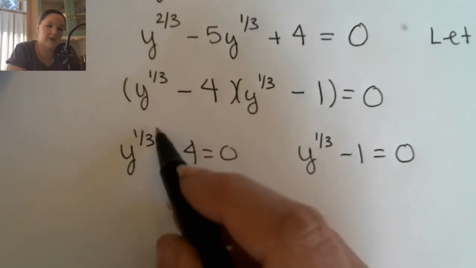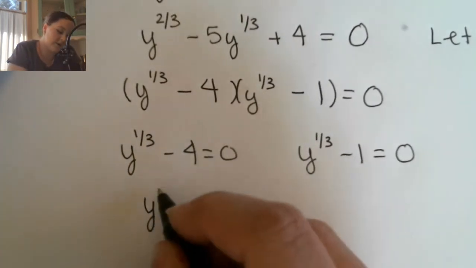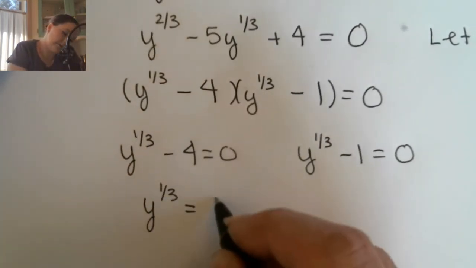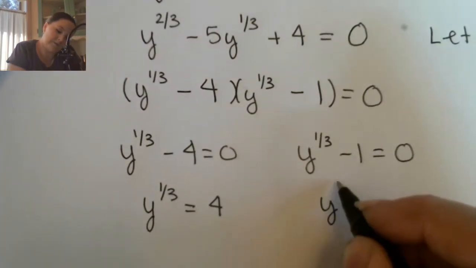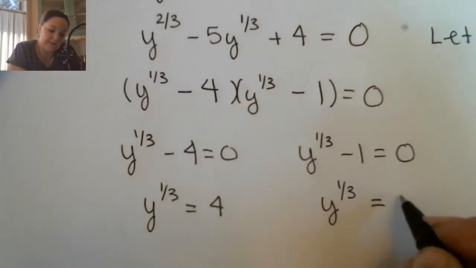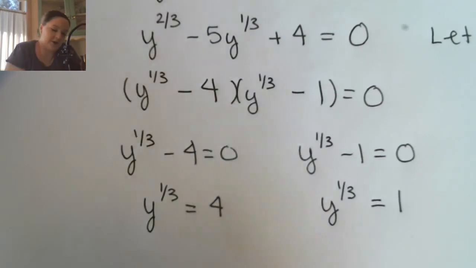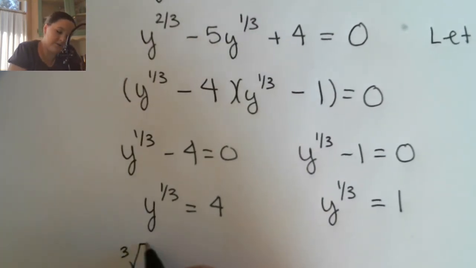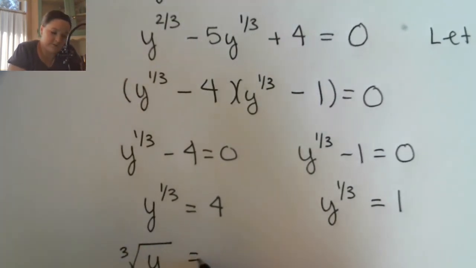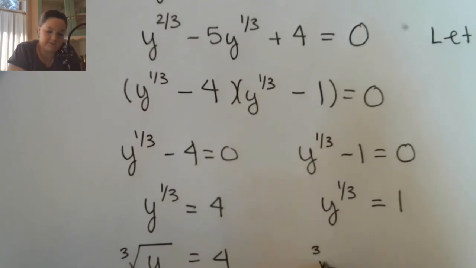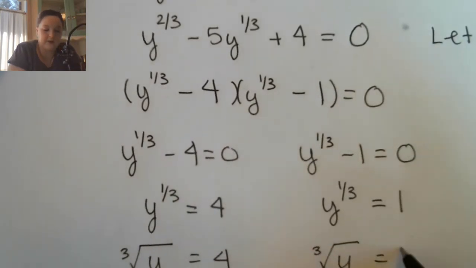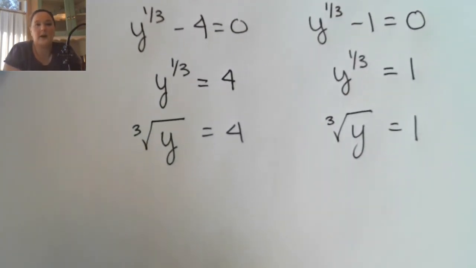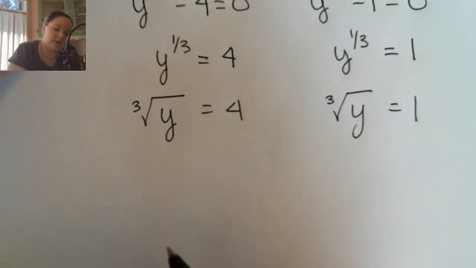So I'm going to isolate the variable with the exponent in both of them. Then I'm going to change them to radical form, and then I'm going to cube them to get rid of the cube root.